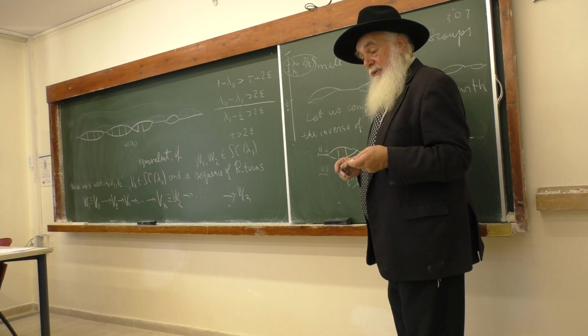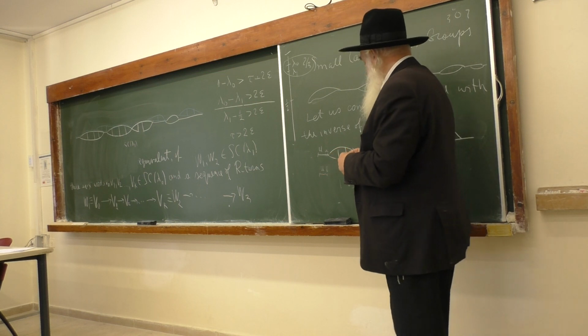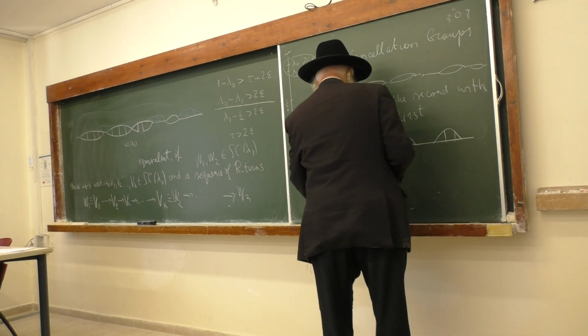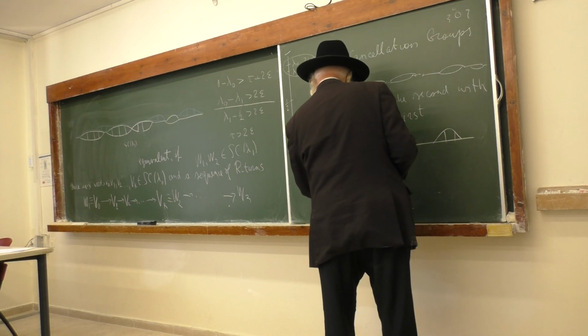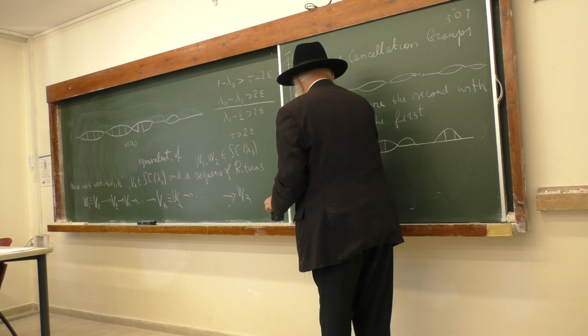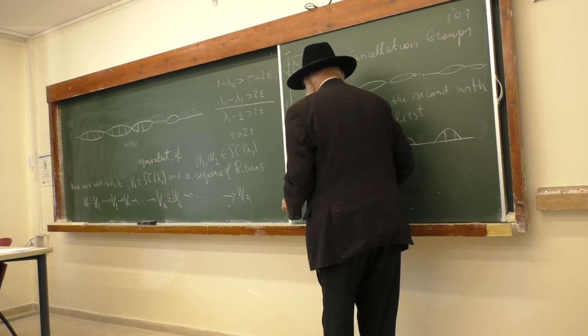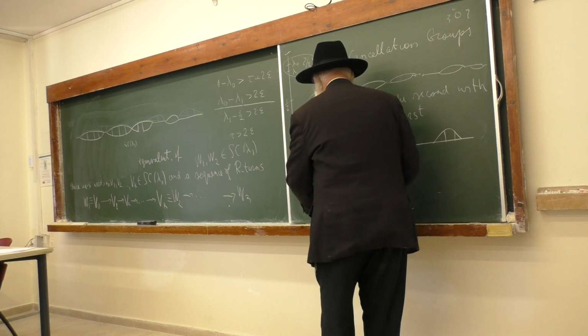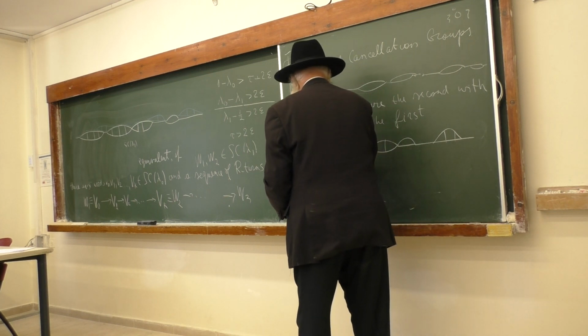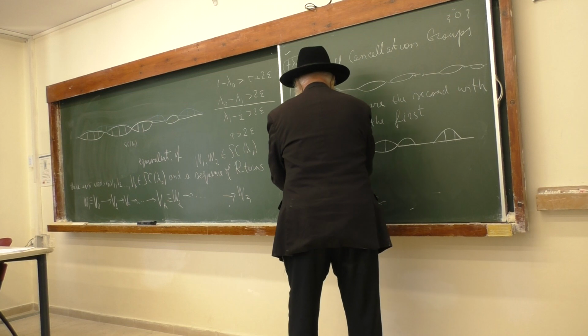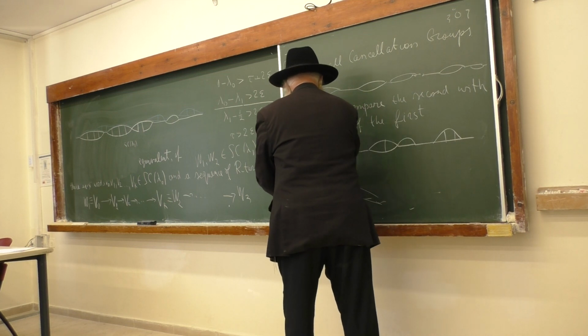Then what will happen? So we have this one, and whatever we have here, we just take this and reverse this to this B and take this one.